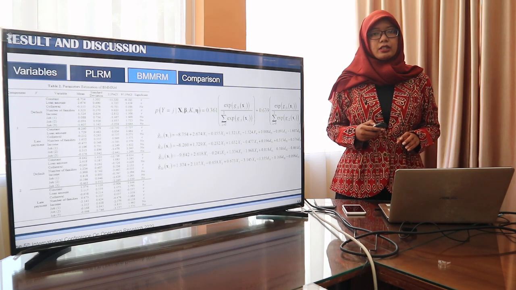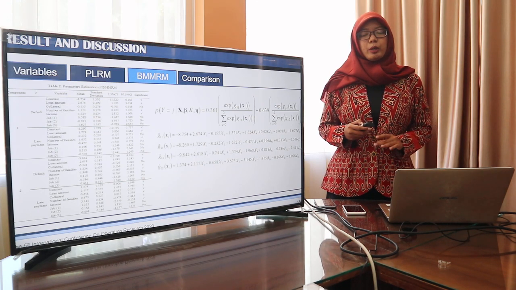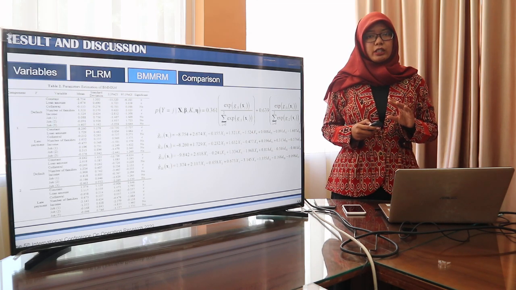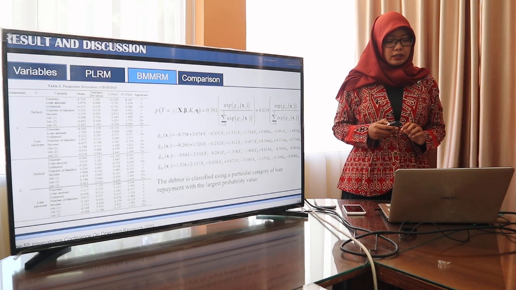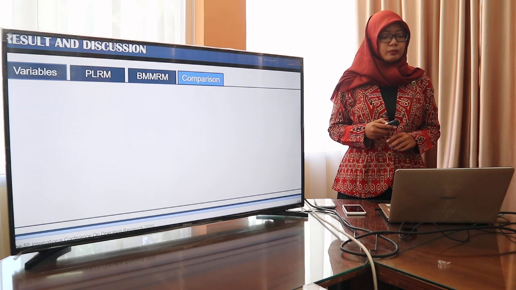The classification is done by calculating the probability of BMMRM by entering the predictor variables into the model that we get. The debtor is classified into a particular category of loan repayment with the largest probability value.